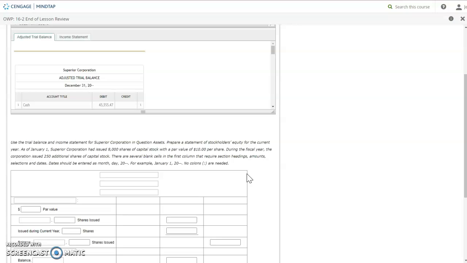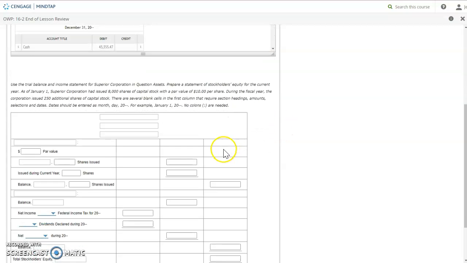No colons are needed. So again, I would suggest it might be helpful to have your book open to follow along. Remember, whenever we create any type of financial statement, we are always going to start with our heading, and our heading is going to be who, what, and when. So our who is Superior Corporation.